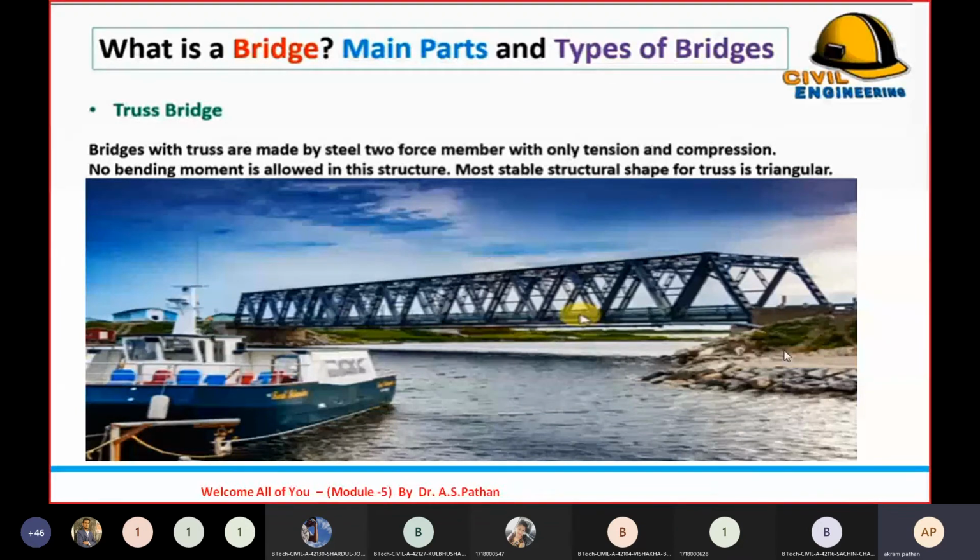No bending moment is allowed in such types of structures. The most suitable shape for the truss is triangular. So such kinds of bridges are required whenever there is passing over rivers.